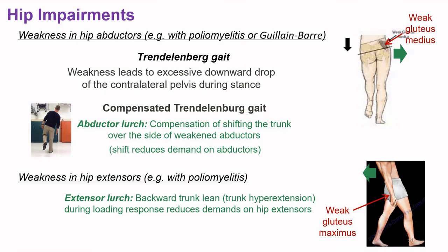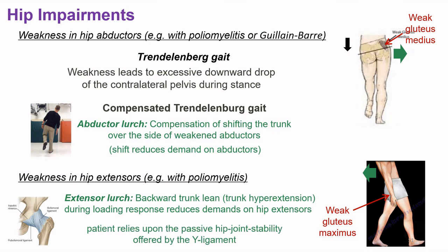A compensation for hip extensor weakness is an extensor lurch, in which we see a backward trunk lean or trunk hyperextension during the loading response. This reduces the demands on the hip extensors. In this compensated gait pattern, the patient is relying on the passive hip joint stability offered by the Y ligament.